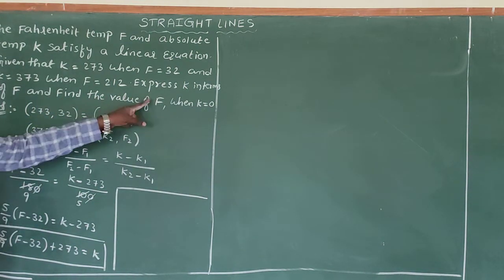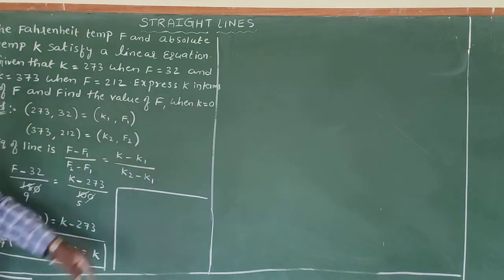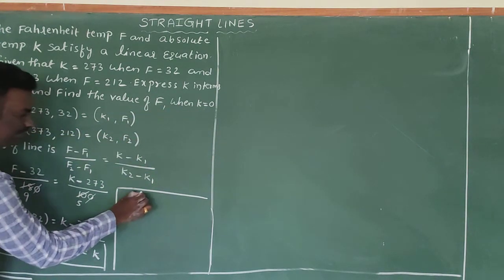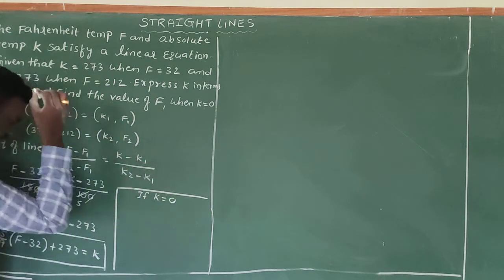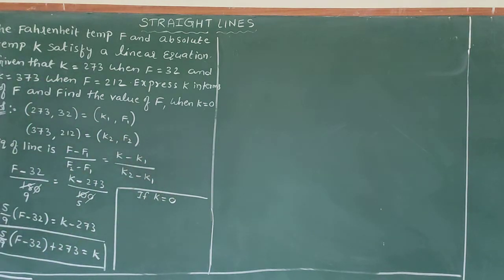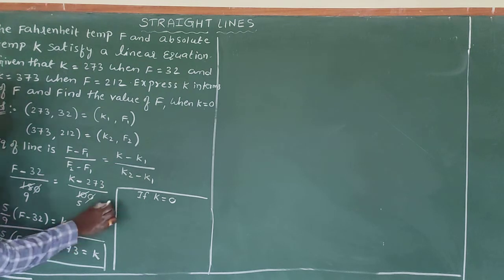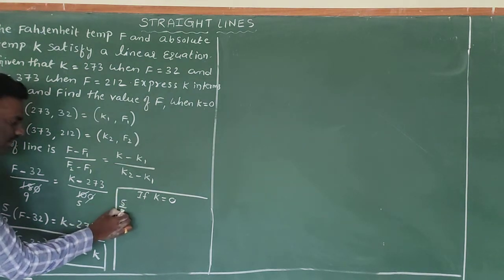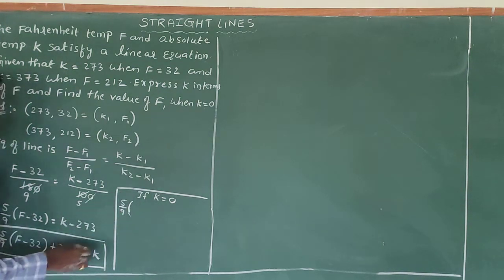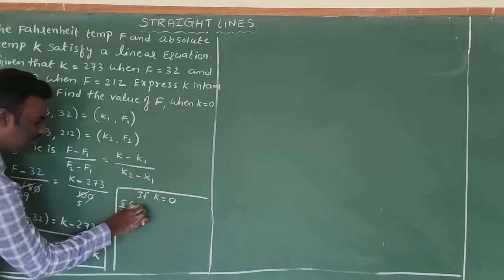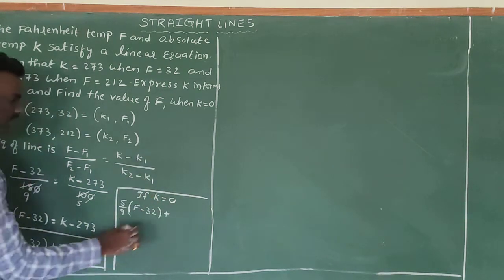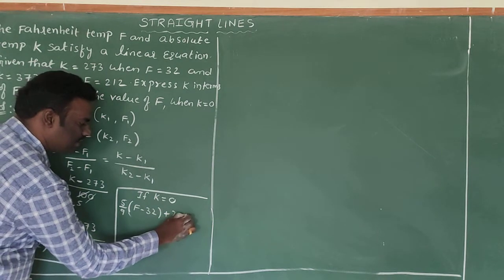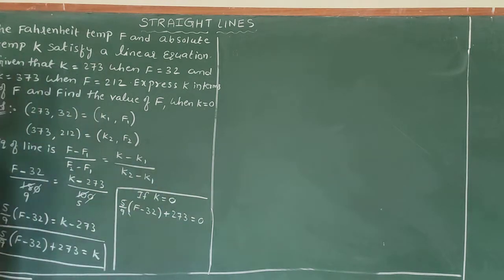Find the value of F when K equals 0. If K equals 0, substitute here: 5 by 9 into F minus 32 plus 273 is equal to 0.